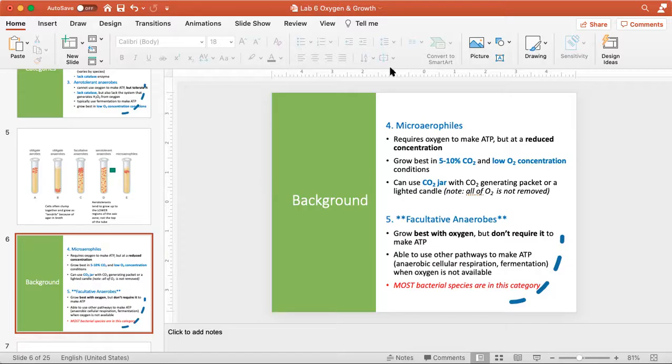Facultative anaerobes are the most adaptive type of organism. And if you think about it, if you're a bacterial species, especially if you're living out in the environment, this is a good way to be, right? Because there are going to be times when you're exposed to the air, so you can do your preferred pathway of aerobic cellular respiration. But you get moved around. Bacteria can't walk away.